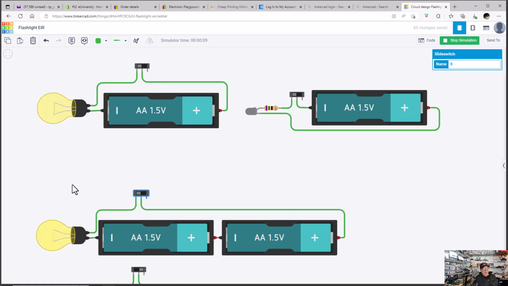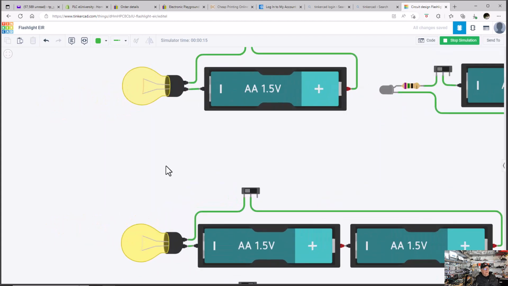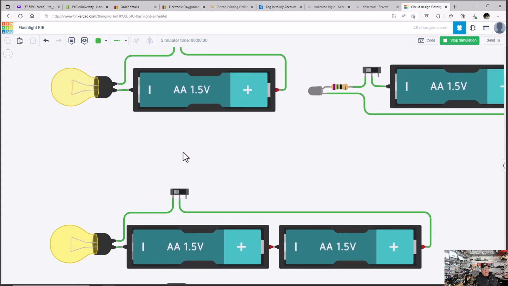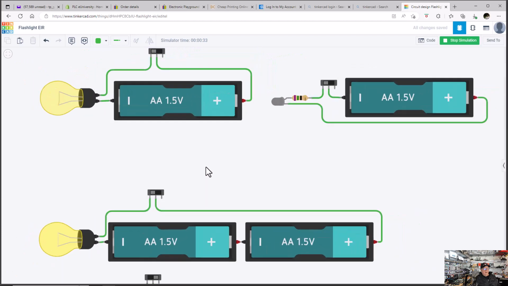Now, you may not be able to see clearly, and I'll see if I can zoom in here a little bit, but this bulb is brighter than this bulb. So two batteries in series, connected end to end, plus minus to the bulb, give you a brighter light than just one battery. So two batteries in series give you more light than one battery.